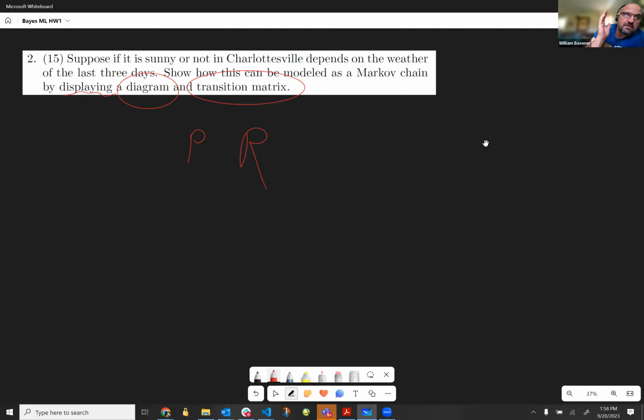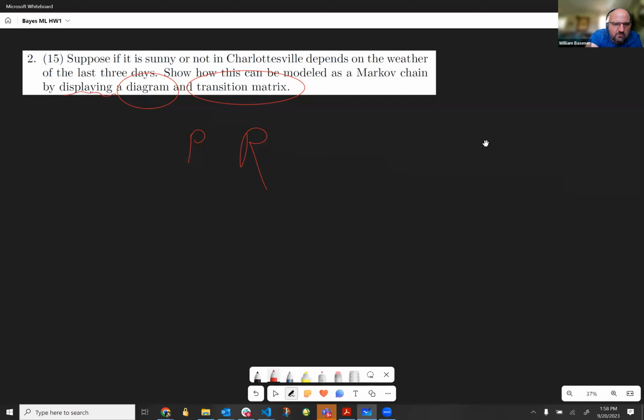Now, whether they pass or run on a given play depends, let's say, for example, on what they've done on the previous two plays, right? And if you like baseball, you can think about this as: does a pitcher throw a fastball or a curveball? And it would depend on what his previous two pitches are, right? If you just throw one pitch, then the other person could just sit on it.